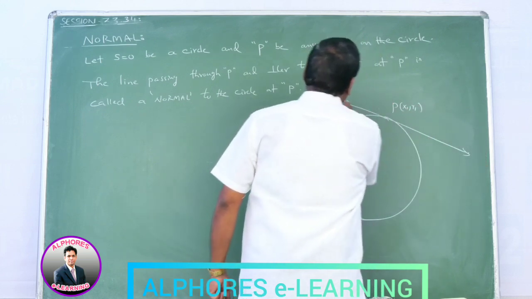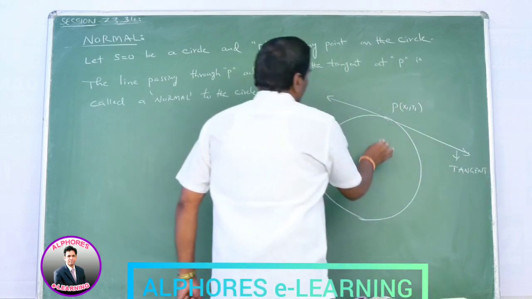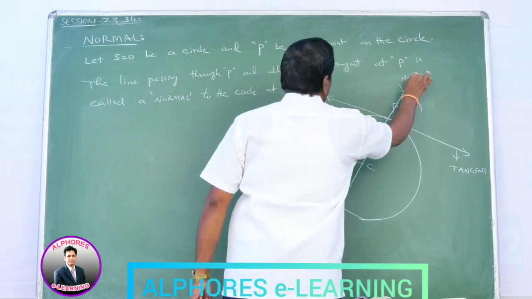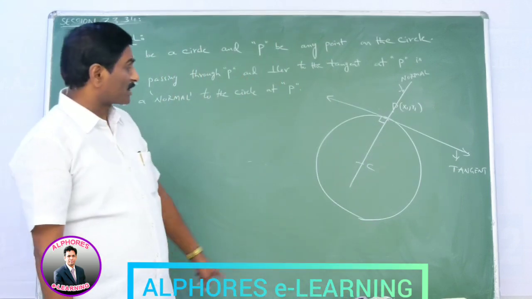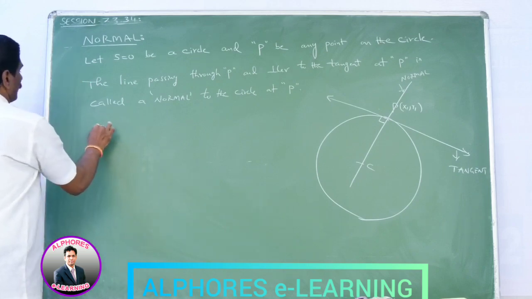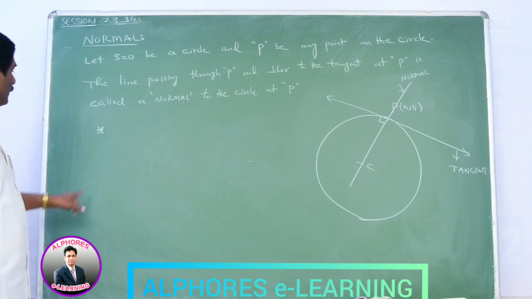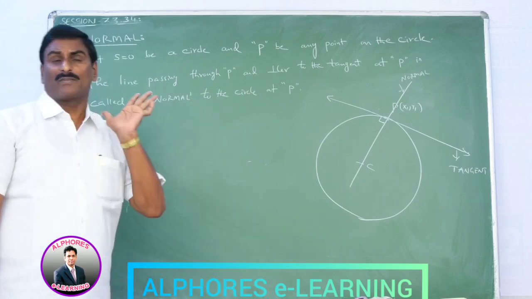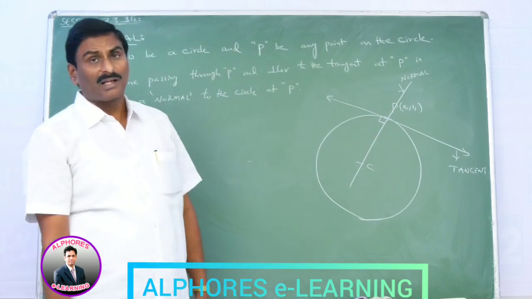It is the tangent line. It is the normal. The angle between the tangent and normal is always 90 degrees. Every normal must pass through the center of the circle. Please note the diagram: tangent, normal. Next. First point: every normal must pass through the center of the given circle.